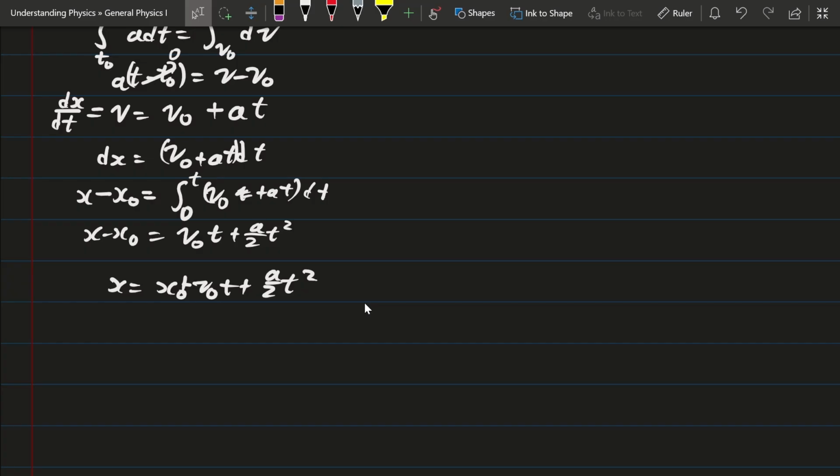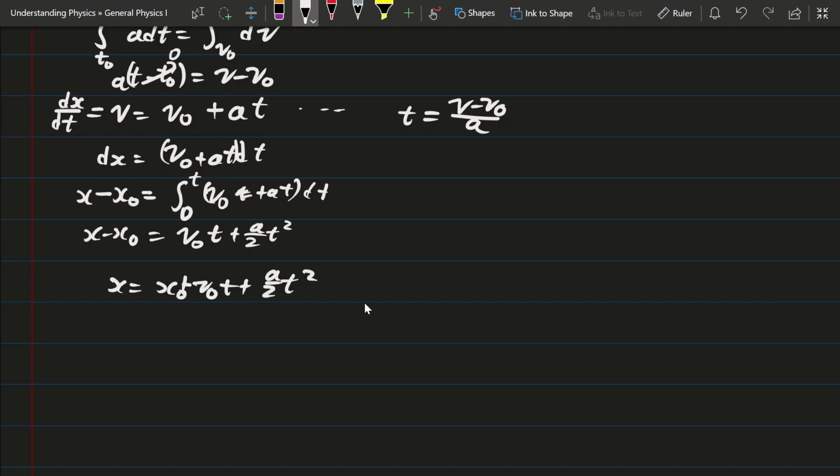But there is also one equation which can be used to figure out the velocity or position when you don't know the time. And the way that you would obtain this is from the first equation. You could obtain the time to be v minus v0 over a.